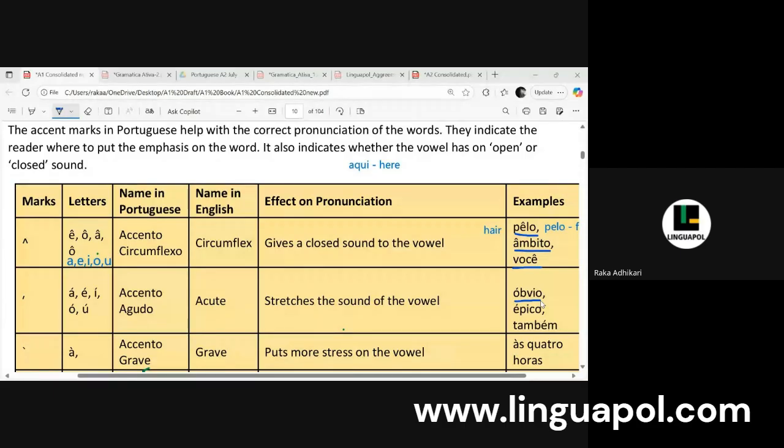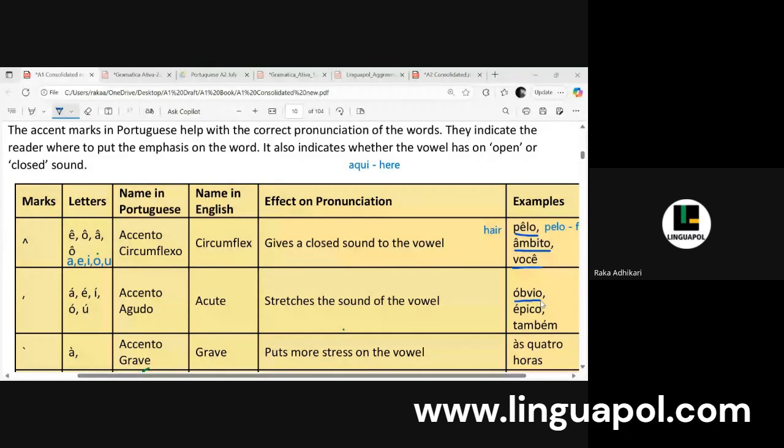Then we have também. We have to extend the sound of the E. If we did not have an accent here, we would say tambem, but it's not the sound. It is também. So again, I am stressing on the same thing, that accents are not just for decoration.